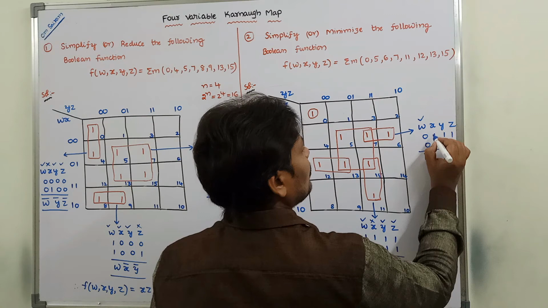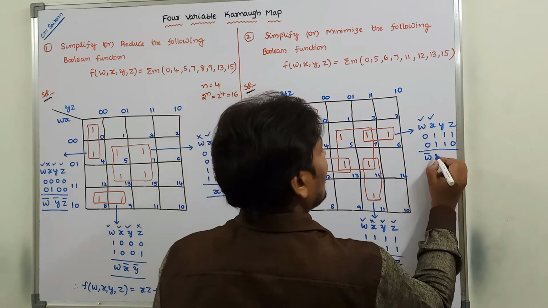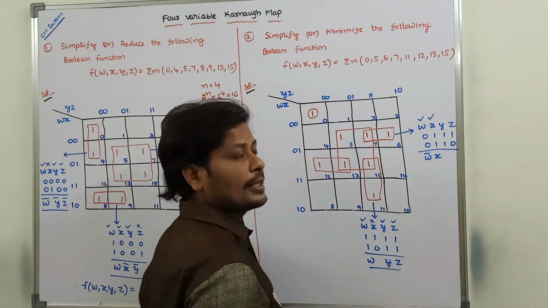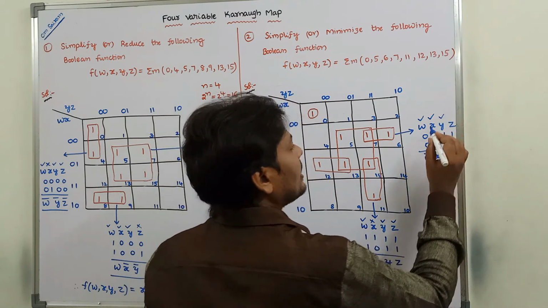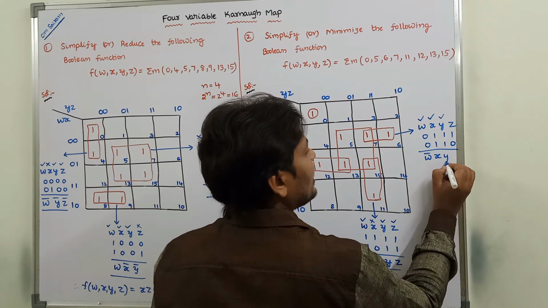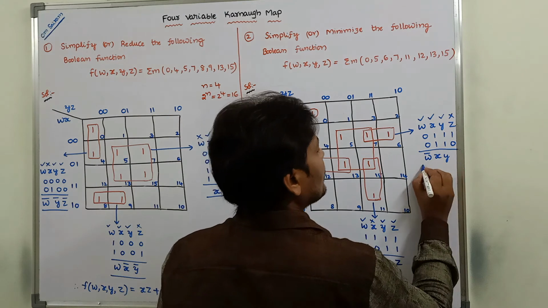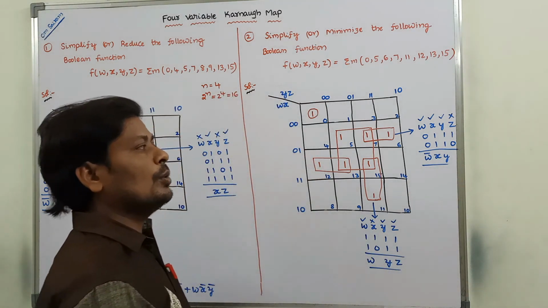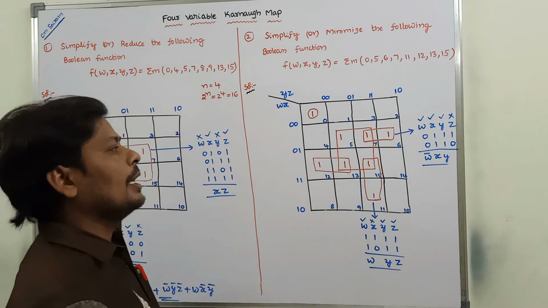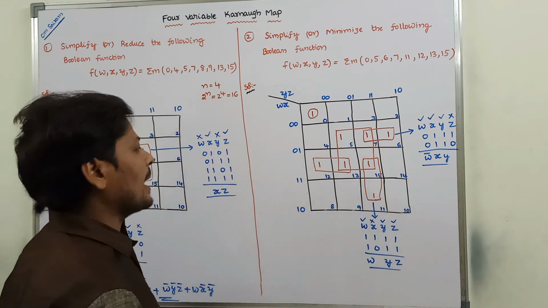Under the X column only ones, so X. Under the Y column only ones, so Y. Under the Z column a combination of zeros and ones, so we ignore that column. So the expression is W bar X Y.